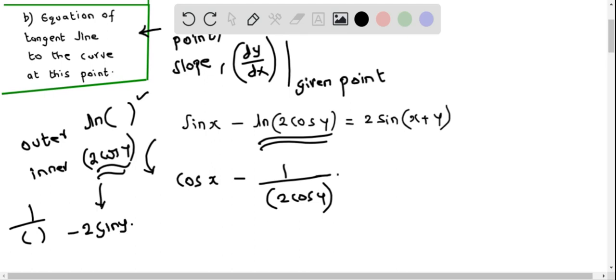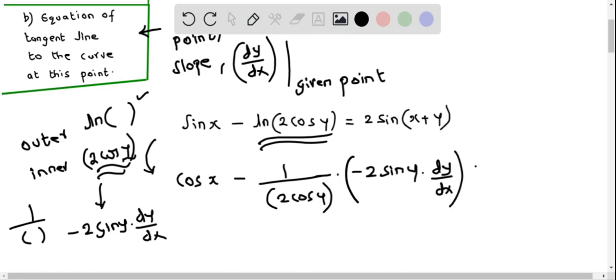And since we differentiate with respect to x, we also have to differentiate y, so that is dy/dx. So this is equal to −2 sine y times dy/dx. We close this with a bracket, and on the right side we will find the derivative.